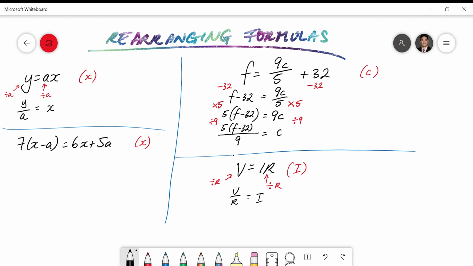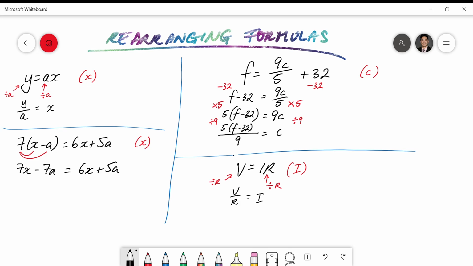Okay, last question on the bottom left: we've got a set of brackets on the left, and an expression on the right. What I'd suggest is to expand the brackets first. So we get 7x minus 7a is equal to 6x plus 5a.